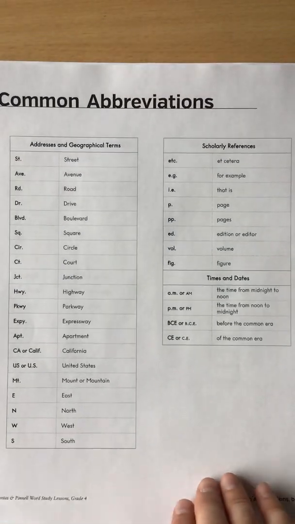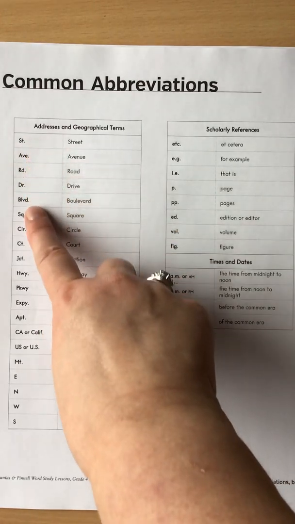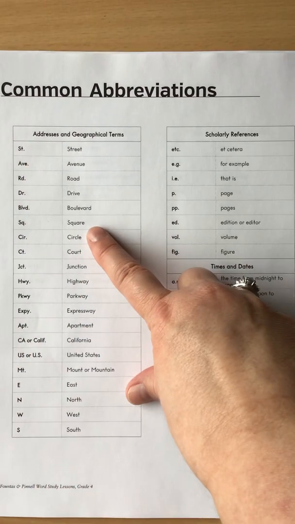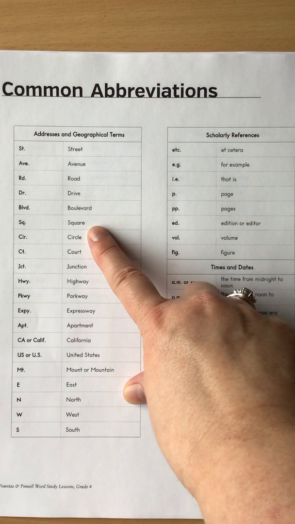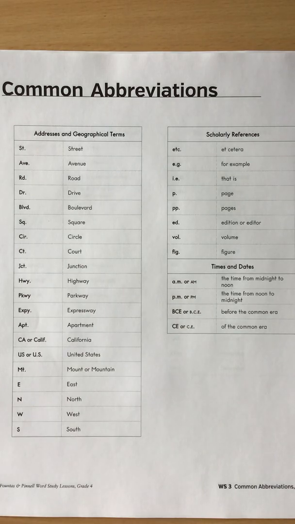And then here's another one. We often have abbreviations for streets and different roads. Also, some people who live in town will have an address with a square or a circle or a court.